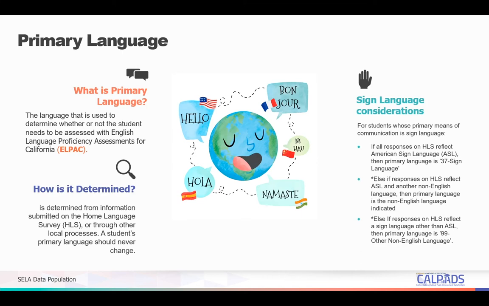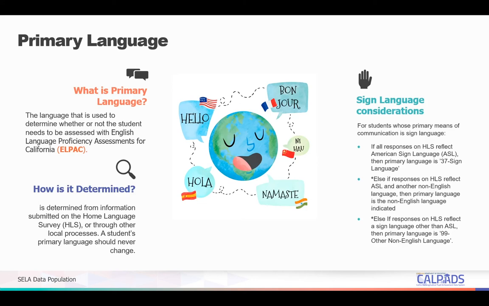If all responses on the HLS indicate American Sign Language as the primary language, then mark the language as 37. Now, if one of the questions indicates ASL, while another has a response of non-English, the primary language should be the non-English language indicated.